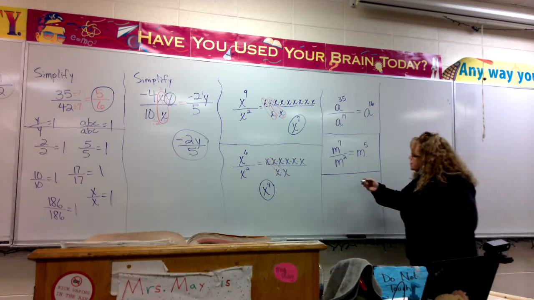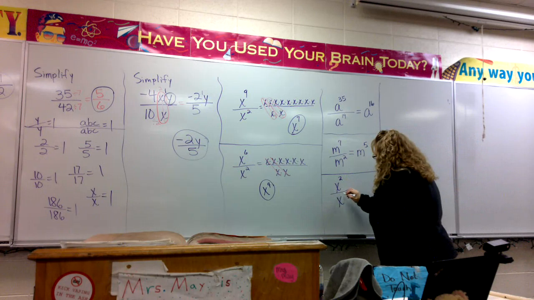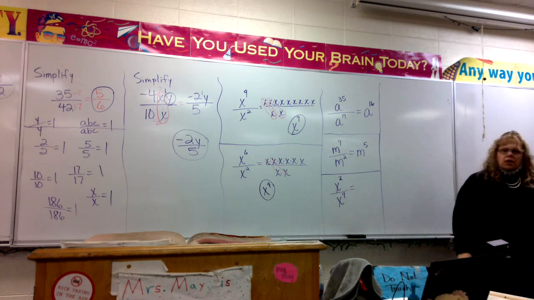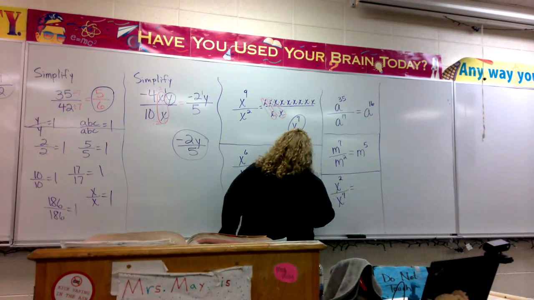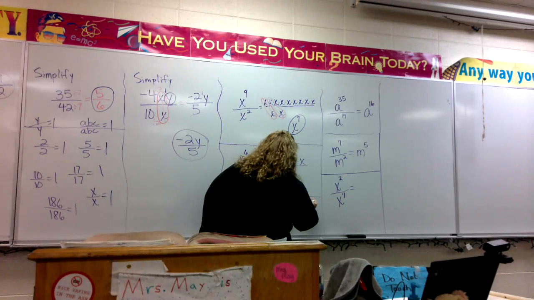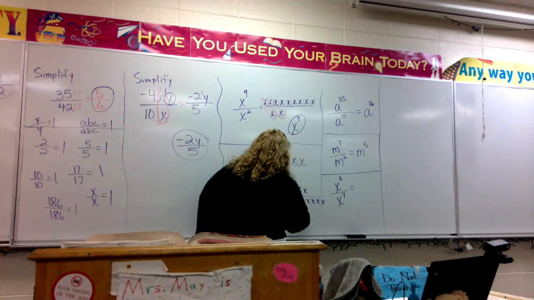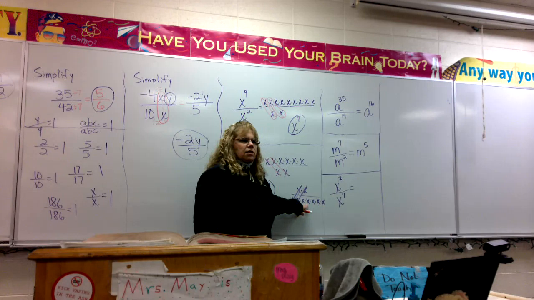Well, what happens if I have x to the 2nd over x to the 7th on the bottom? Well, if you think about that for a minute, x to the 2nd is this. X to the 7th, 2, 3, 4, 5, 6, 7. Those would cancel, and those would cancel. What do you have left here? X to the 5. And where is it?